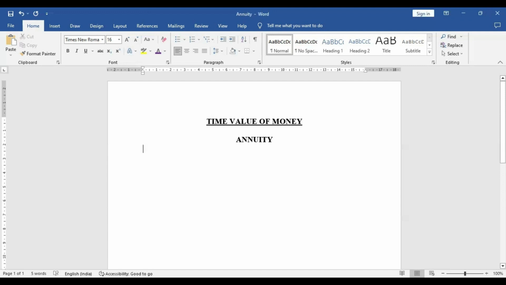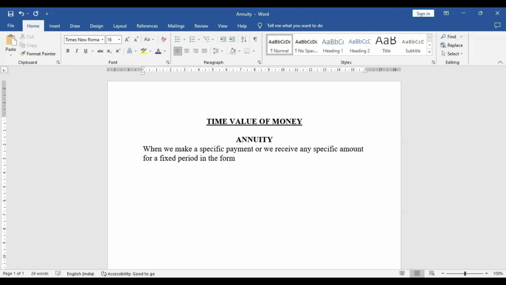What I am trying to say is that when we make a specific payment, or we receive any specific amount, for a fixed period in the form of regular intervals.